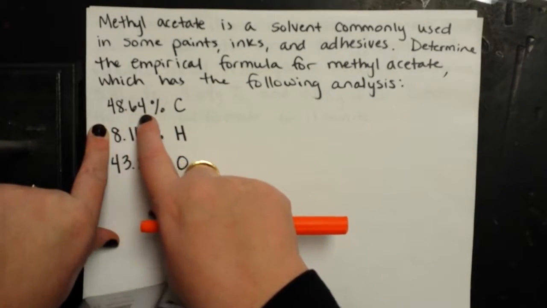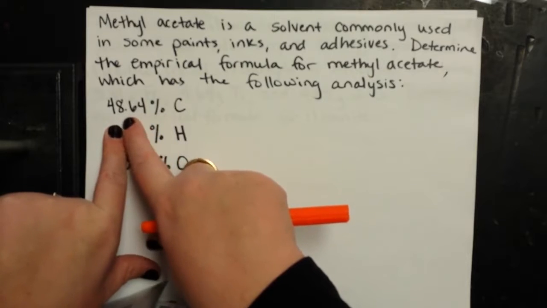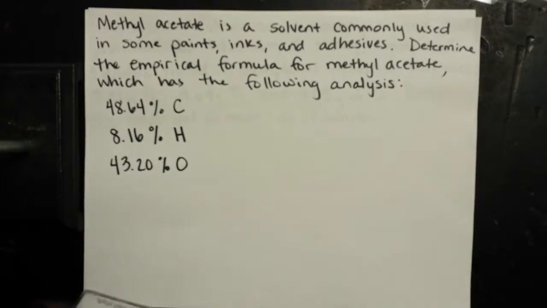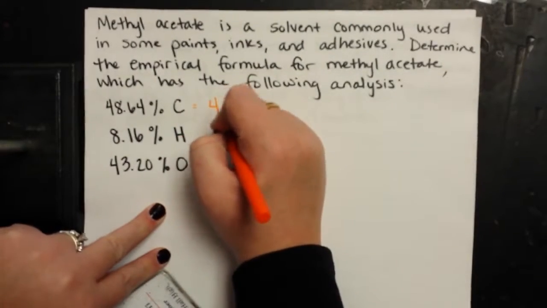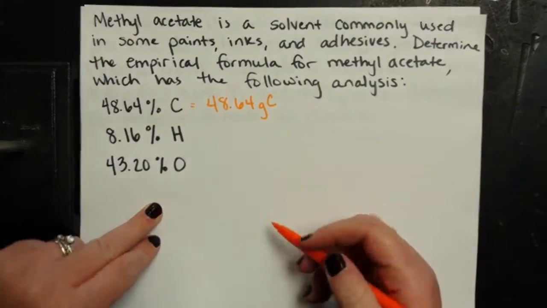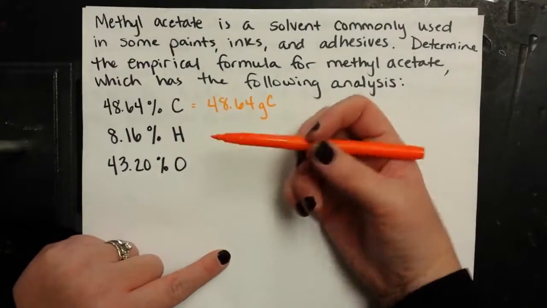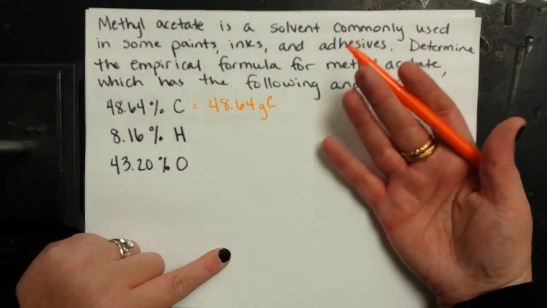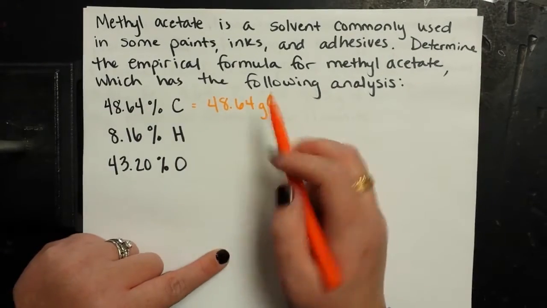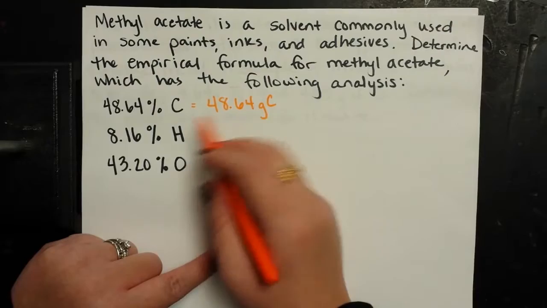And now, if I look at just carbon, 48.64% of 100 grams is now 48.64 grams of carbon. So if you're just given these percentages, if you assume 100 grams for your total sample size, you can take these percentages and put them into masses without changing the numbers at all.